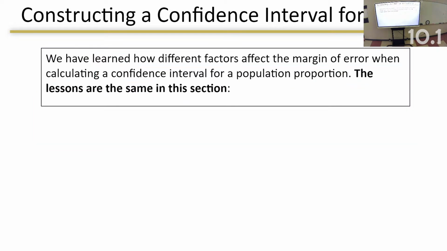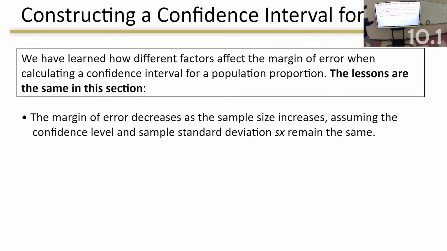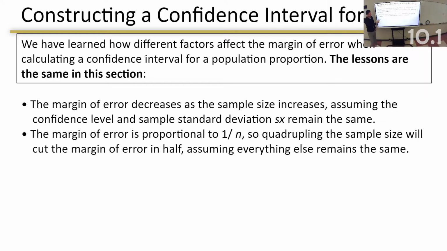You have learned how different factors affect the margin of error. Those same factors still affect the margin of error. You need to know that, right? It decreases as your sample size increases, right? That margin of error will decrease if your sample size increases. We've talked about that many times throughout the year, okay?